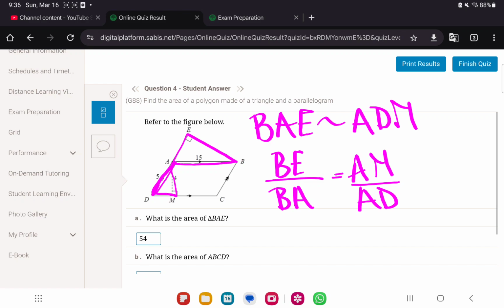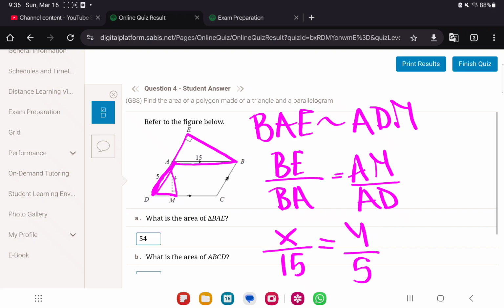And then BA is the hypotenuse and AD is the hypotenuse, okay? So now we don't know the value of BE and we want to find BE. So x, and then BA is 15. Now AM is 4 and AD is 5.